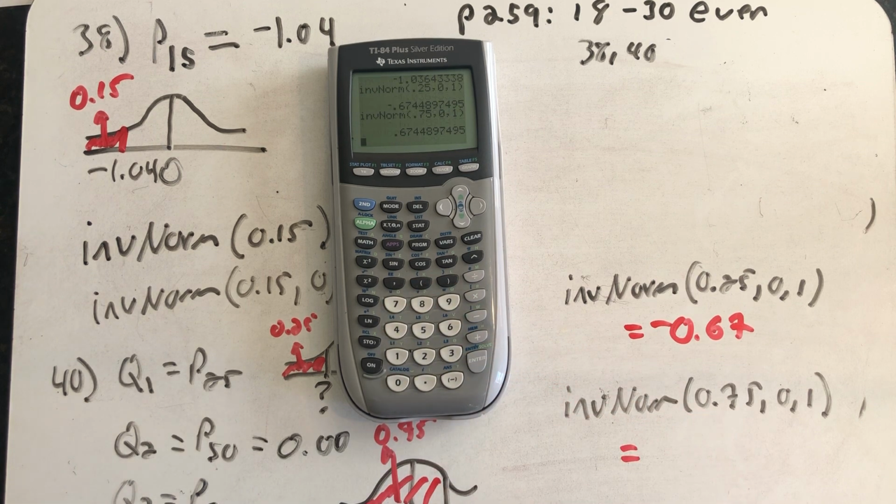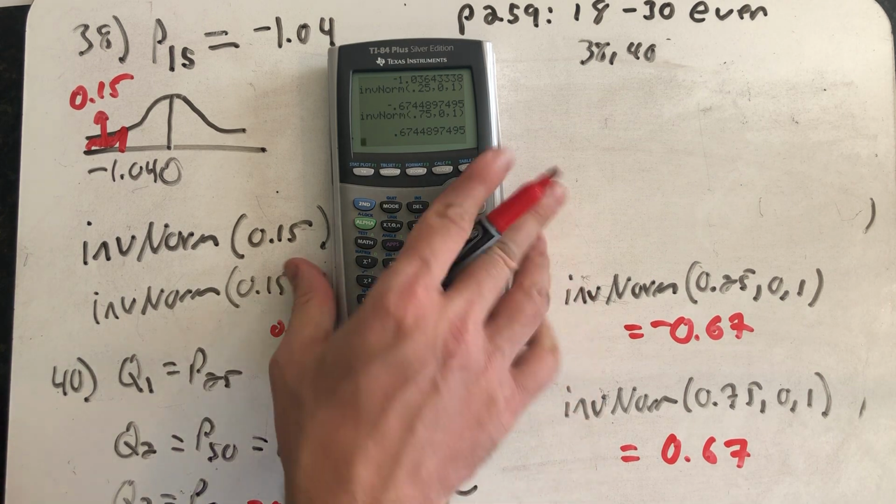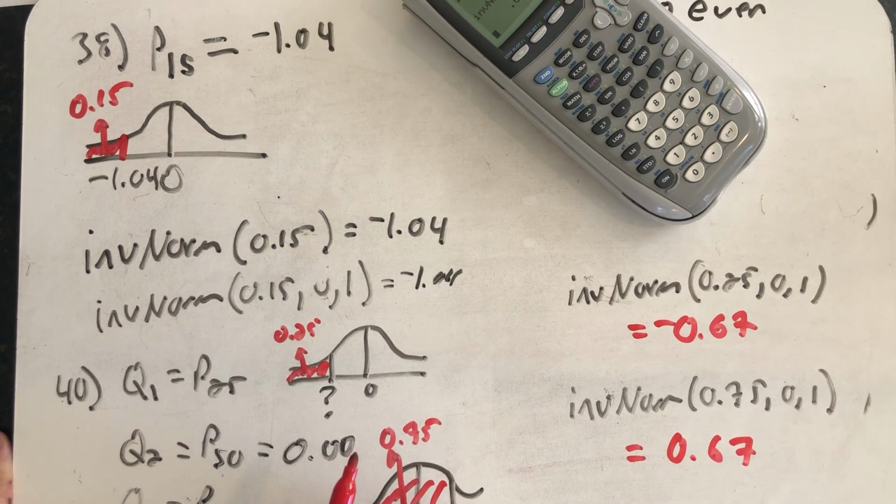All right. Nice symmetry going on here. So the 75th percentile is 0.675, and the first quartile is minus 0.67.